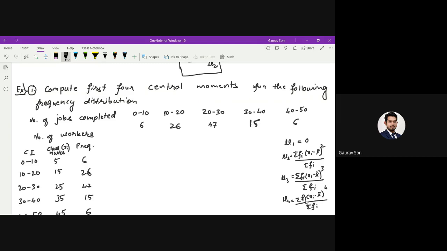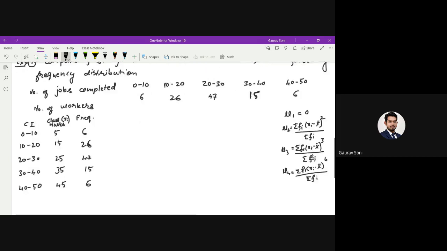I can directly make these columns and do the calculations. Okay, straightforward. I'll make the column fi xi minus x bar square, fi xi minus x bar cube, fi xi minus x bar raised to 4, and I'll get the first four moments. Let's do this first of all. So which column I'll need first of all?